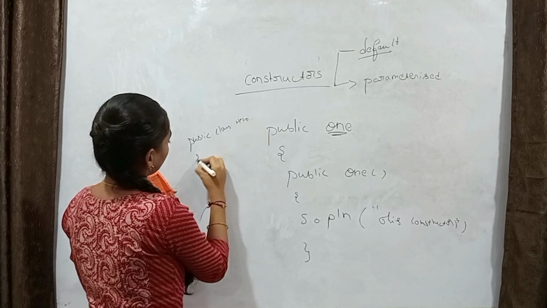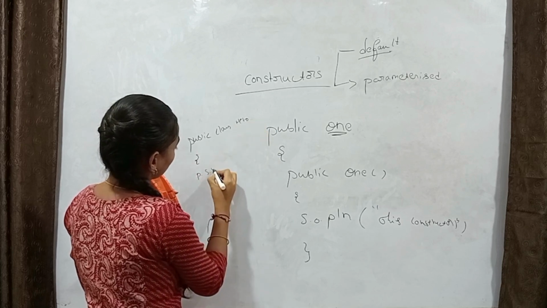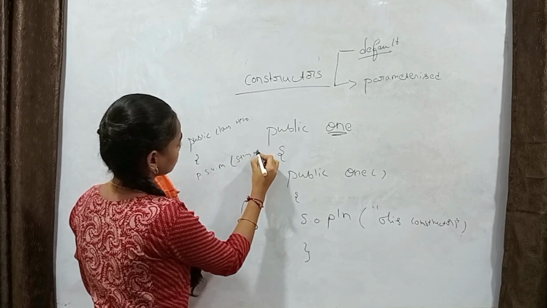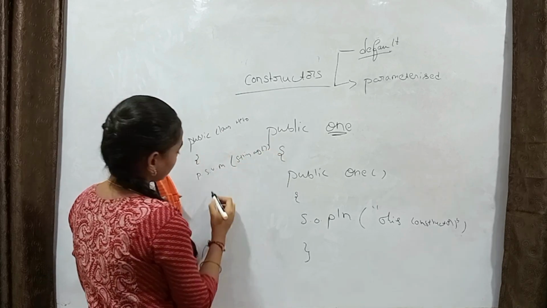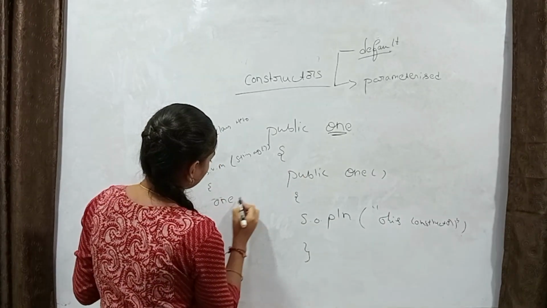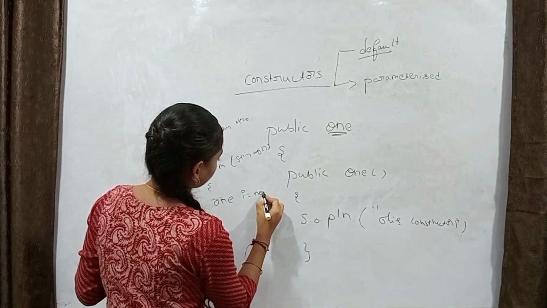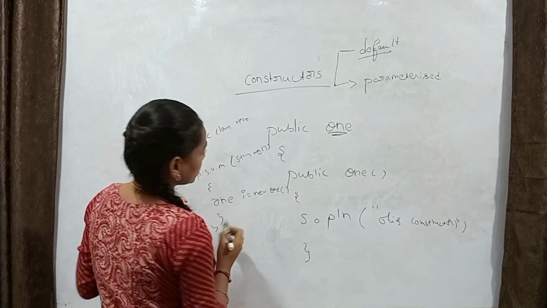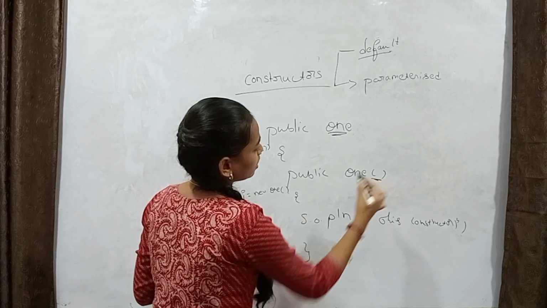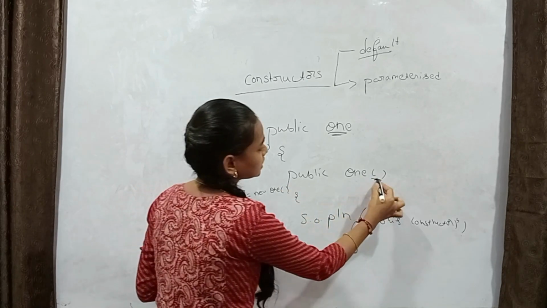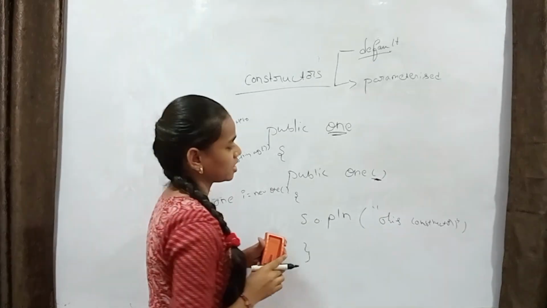Hello, and I have a public static void main. This is my main class. In this I create an object for the constructor. So here I do not have any parameters and I do not pass any values. So this is called a default constructor.